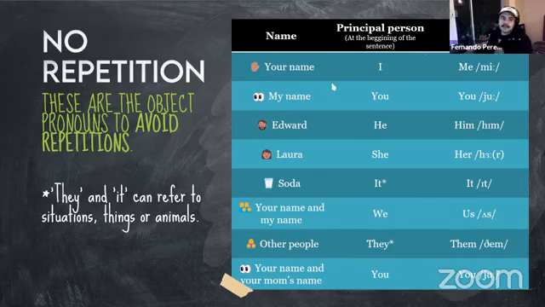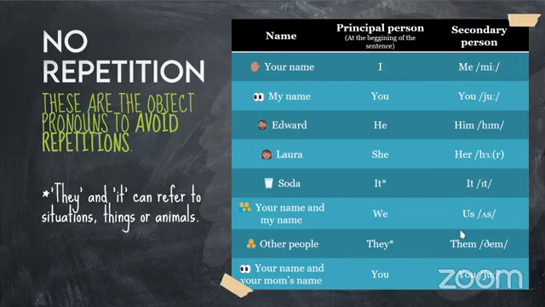Always say the pronoun in English. Okay, guys? Okay. Very good. Do you have any question about the pronouns me, you, him, her, it, us, them, you? No. Okay. Only practice.